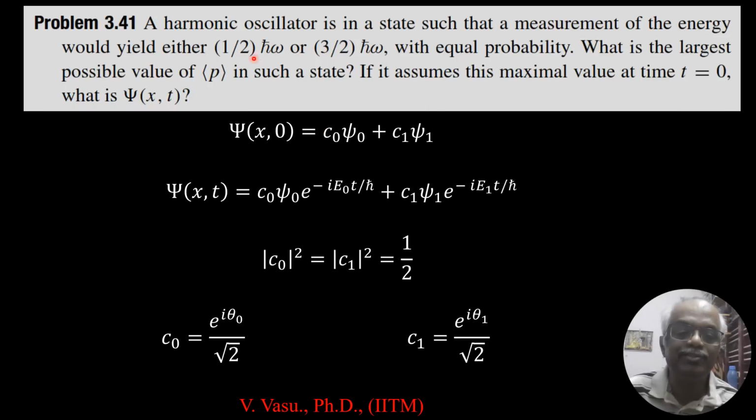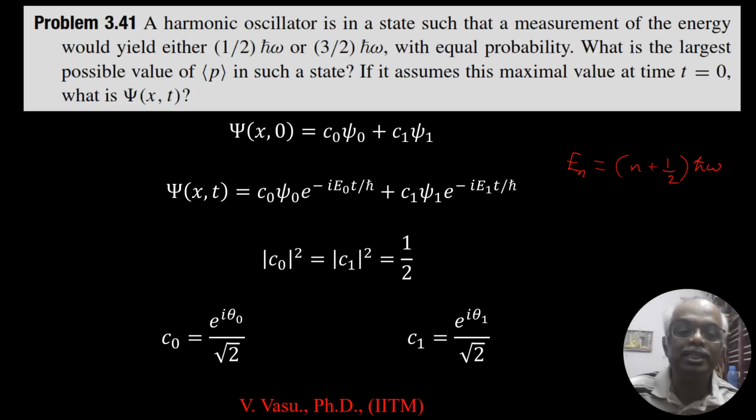Here the energy of the harmonic oscillator is given as (1/2)ħω. Generally, the nth state energy of the harmonic oscillator, as you know very well, is (n + 1/2)ħω.